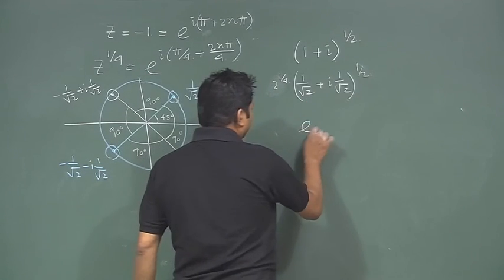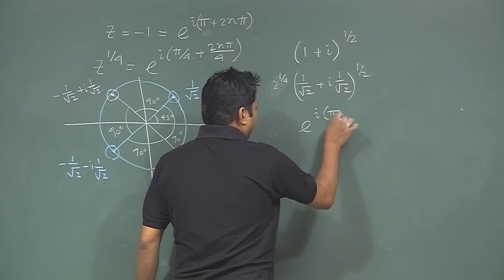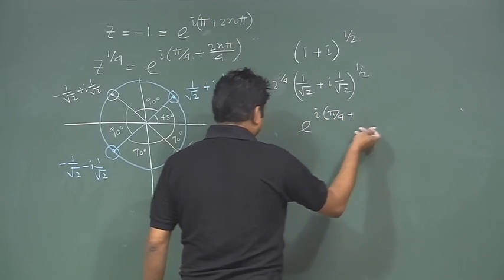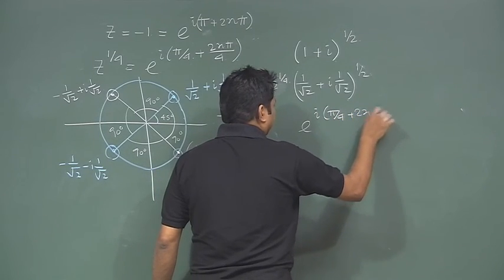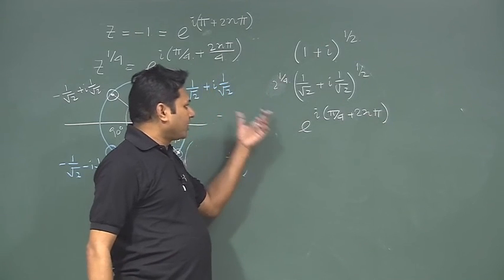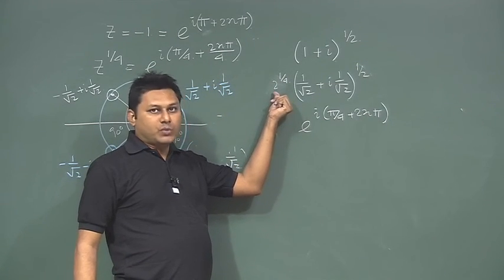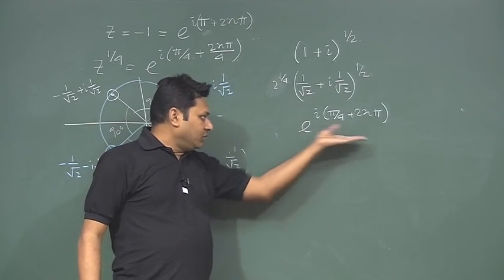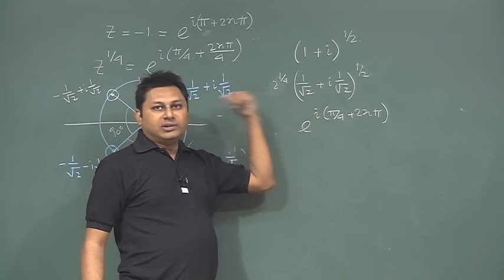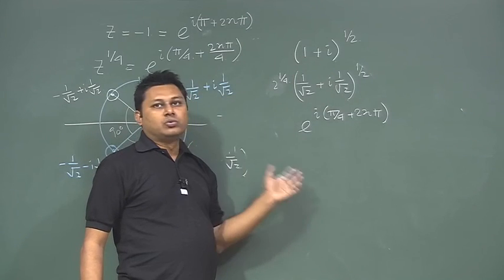So it will be e to the power of i pi by 4 plus 2 n pi, and then you proceed, because now your r is slightly changed, instead of 1 now it is to the power 1 by 4, and then you proceed with the similar procedure, and you will find the roots of these things.